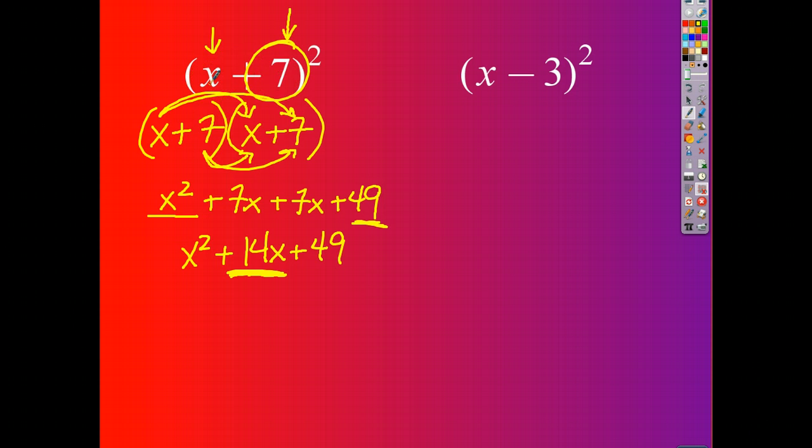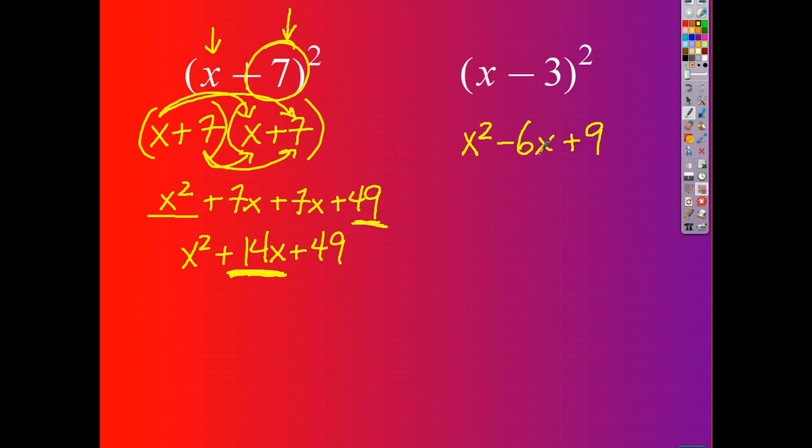When the coefficient is 1, it's just double this value. Using that pattern, we can quickly multiply: it's going to be x squared, and negative 3 squared gives plus 9, because negative 3 times negative 3 is positive 9. Then double negative 3 is negative 6, and that's going to be 6x, negative 6x, your middle term.